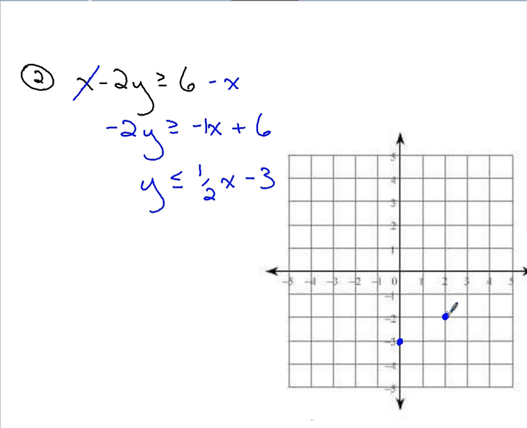Recognize that this is less than or equal to, so I can make this a solid line. As I make that a solid line, now I turn my attention to where I'm going to shade. Since this is less than, I'm going to shade to the low side of the y-axis. Low side is going to be down here. So if I shade down there, I get my solution region.